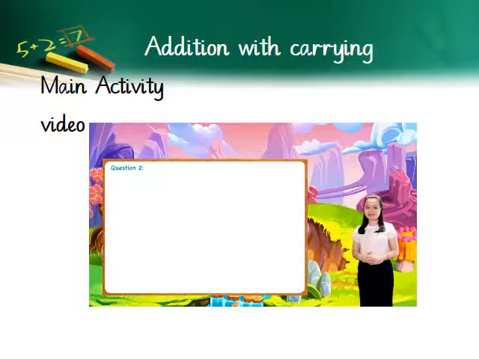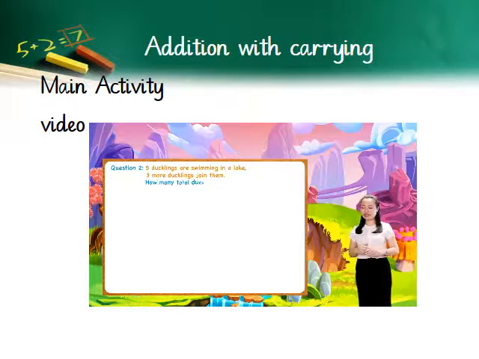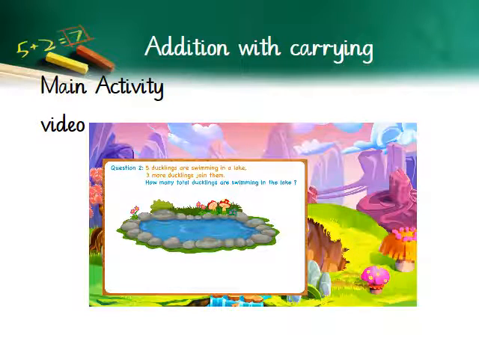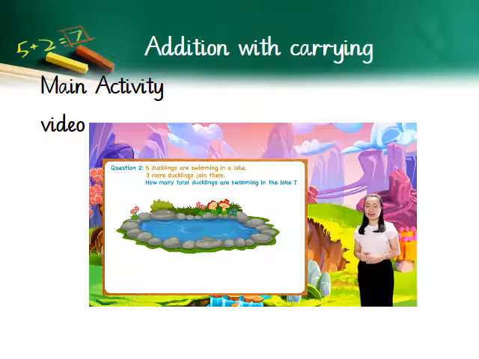Question 2. 5 ducklings are swimming in a lake. 3 more ducklings join them. How many total ducklings are swimming in the lake? I give you some time to find the answer by yourself. Let's find the answer together. 5 ducklings are swimming in the lake. 3 more ducklings join them.